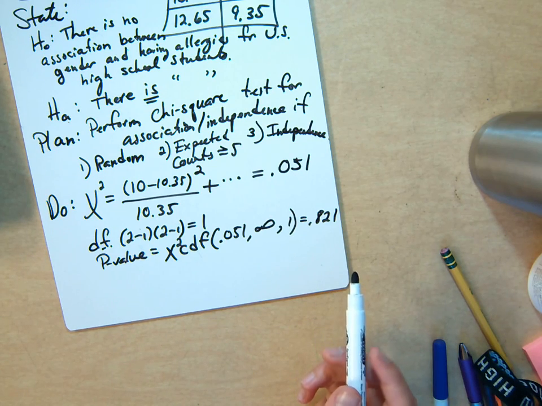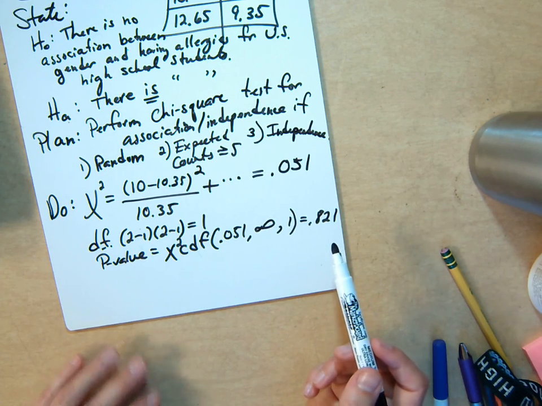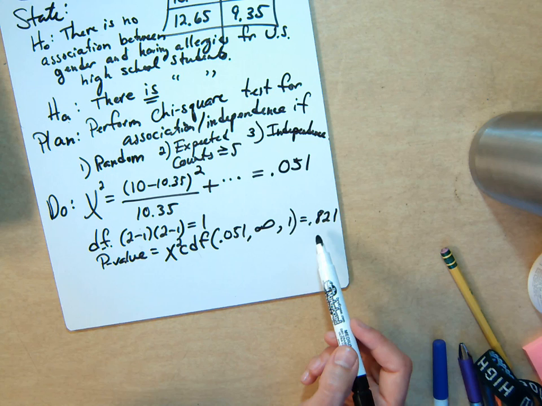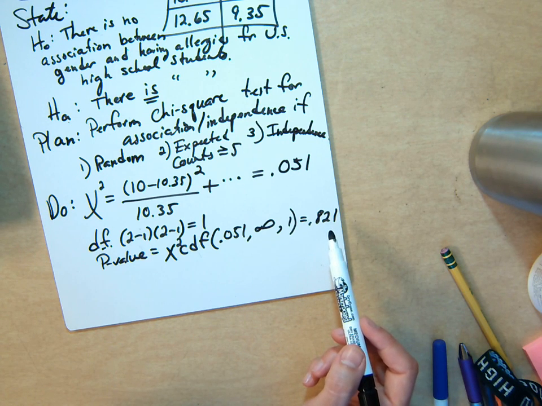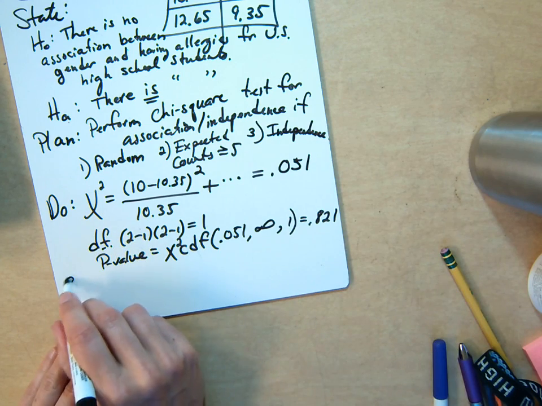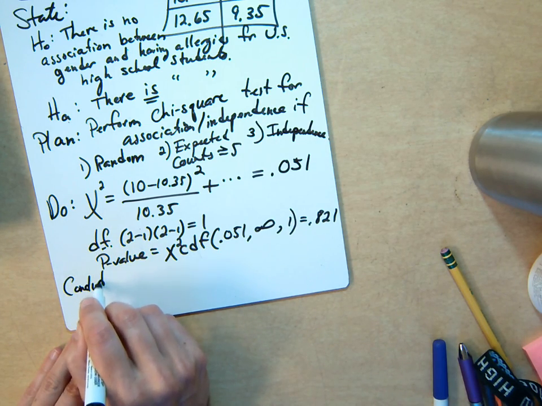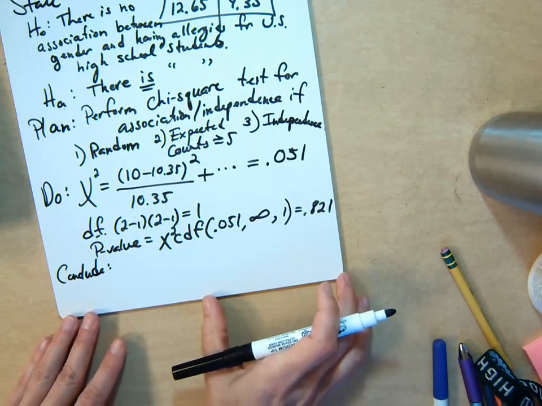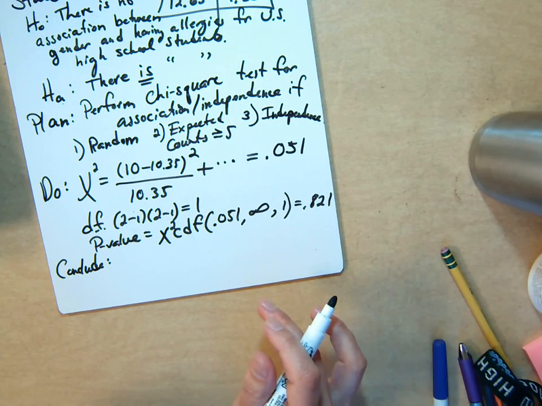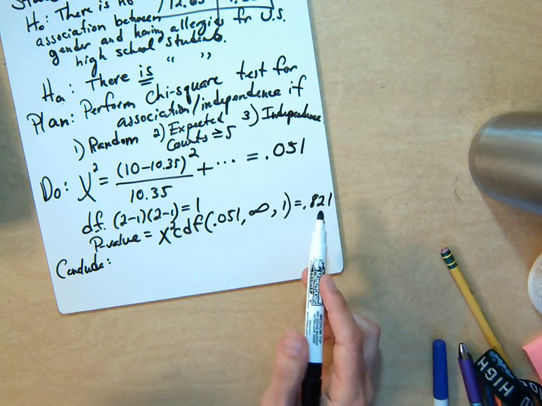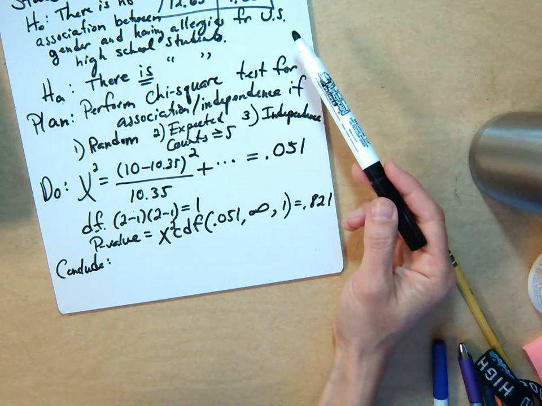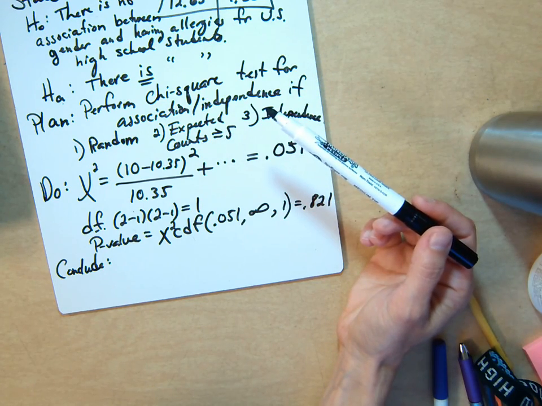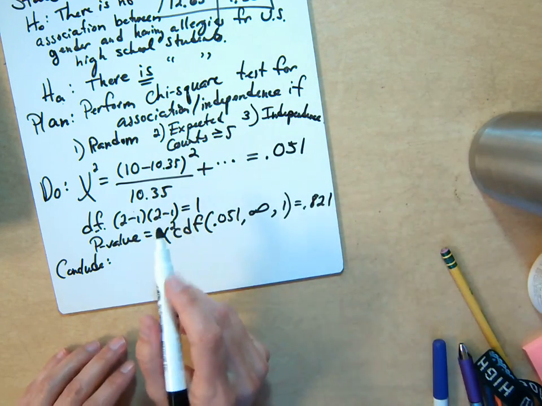So assuming H naught is true, meaning there's no association, there's an 82% chance of getting the results that we did. Okay, so we would conclude that we are not going to reject H naught. There's an 82% chance we would get what H naught says, so we are not going to reject H naught.